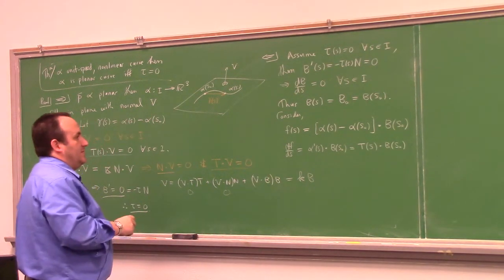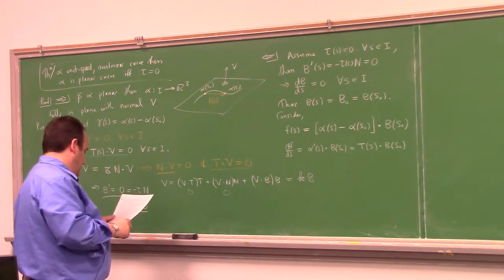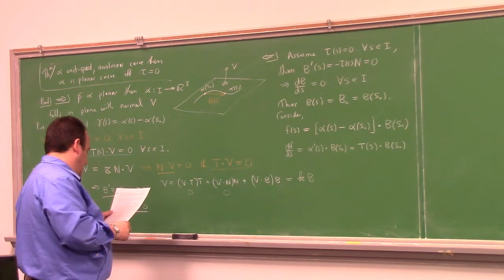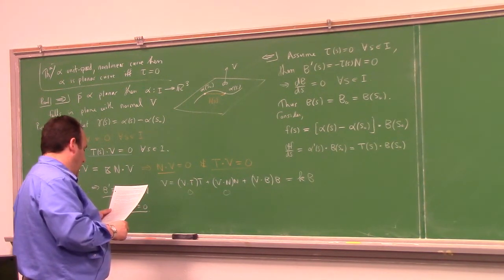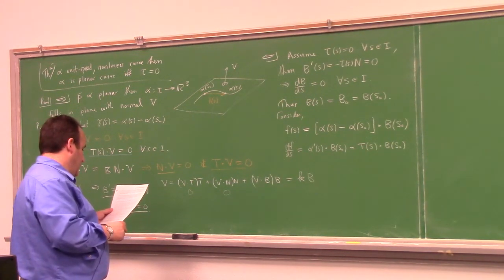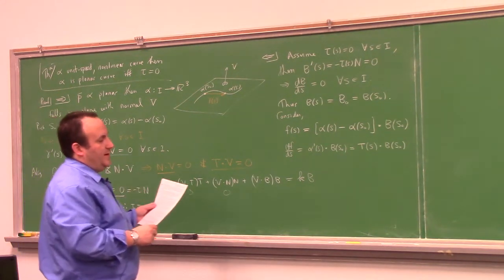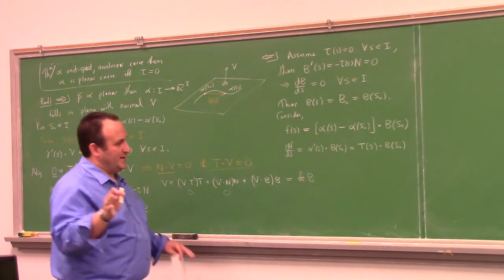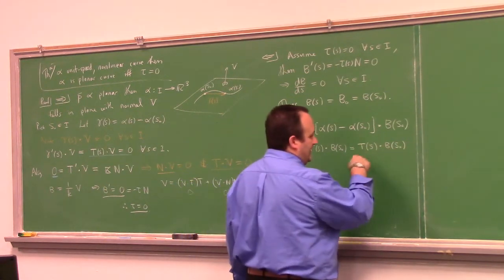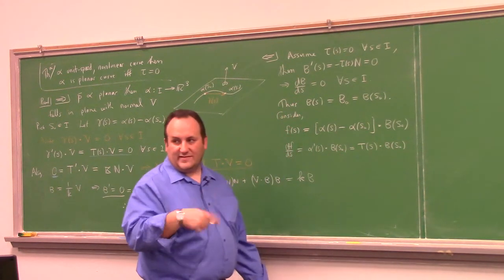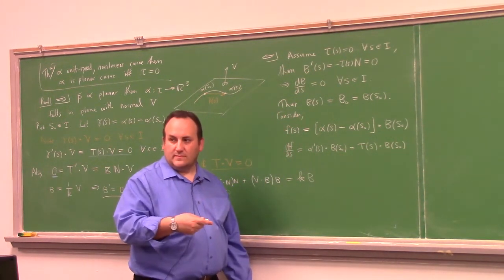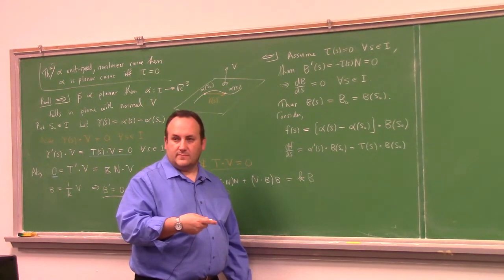How do we know that that's 0? If it's in the same direction as B, it has to be 0. Yes, but I'm comparing s and s naught. What do I know about b, though? B is constant, right?